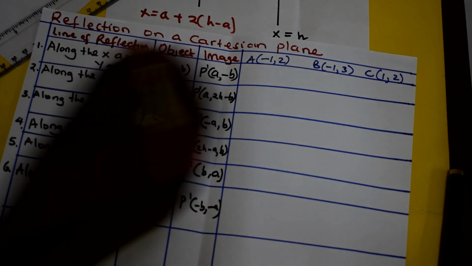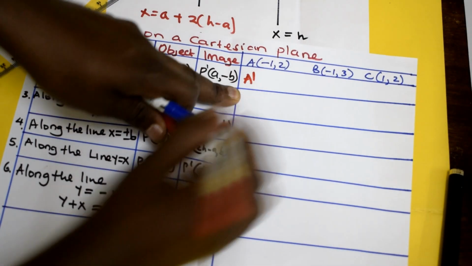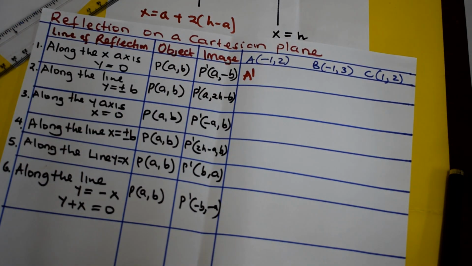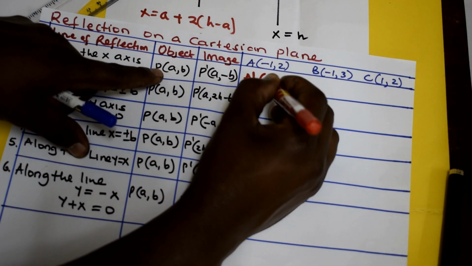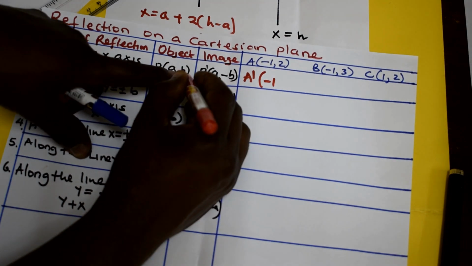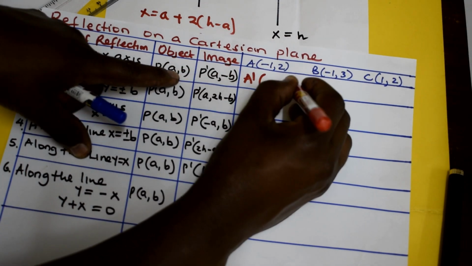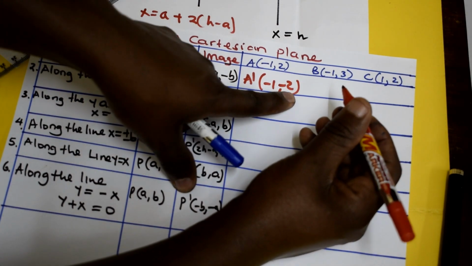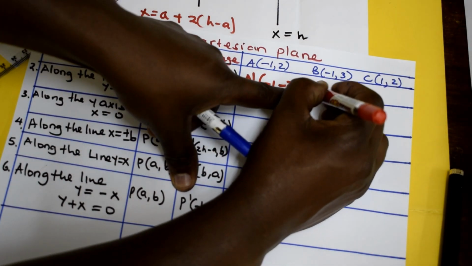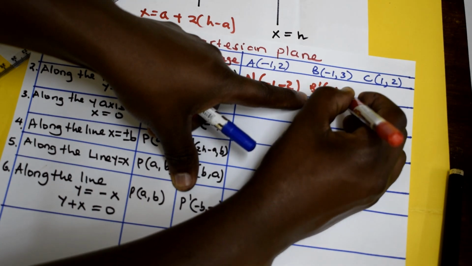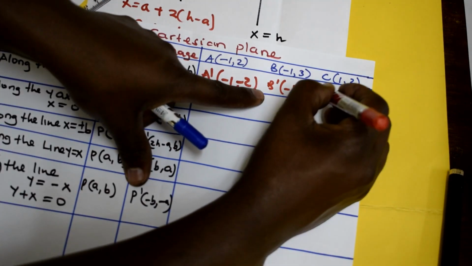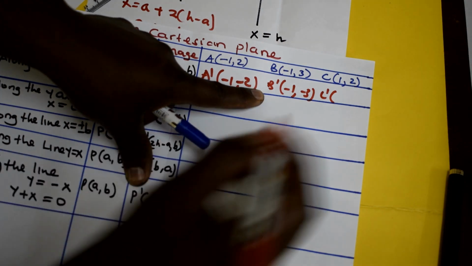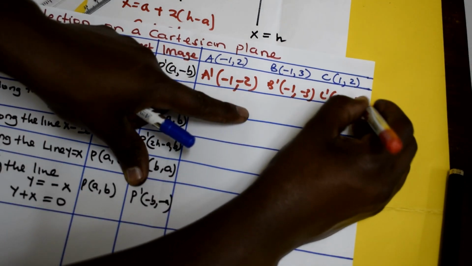So here we can say A prime will be, therefore, B. We have said the object x remains, so this is negative 1, but B becomes negative, so this will be negative 2. So A prime will be (negative 1, negative 2). B prime is also (negative 1, negative 3). And C prime will be (1, negative 2). So the x remains.